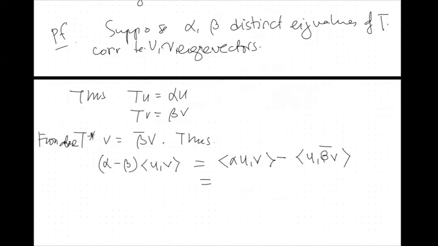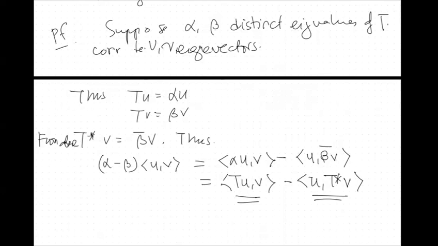So this is just <T u, v> minus <u, T star v>.